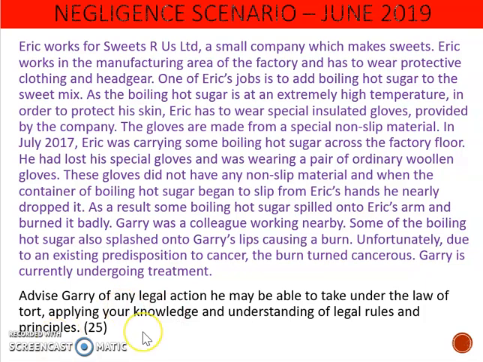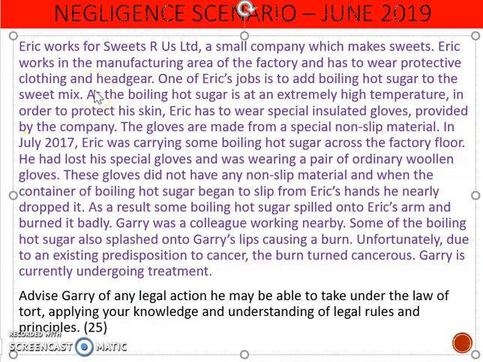So when you get a scenario like this in the exam, you need to go through and highlight any issues that immediately jump out at you as being relevant to negligence. So I'm going to do that with you now, and then we're going to look at an actual model answer on this. We're going to read through it line by line and identify anything that's going to be useful to us.